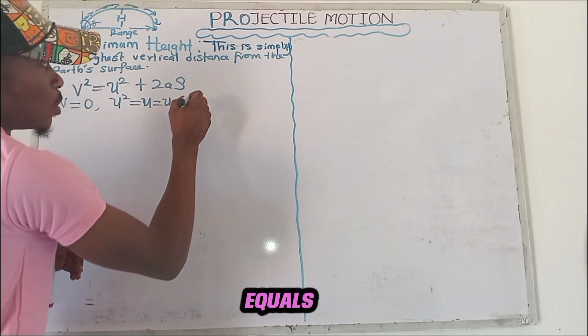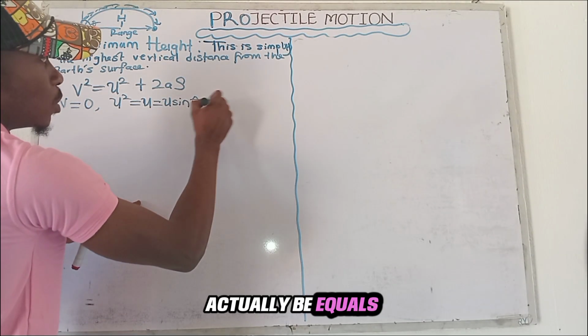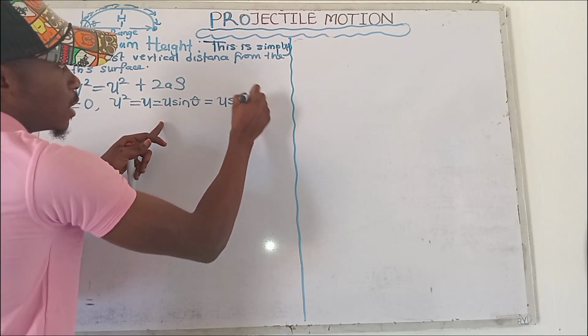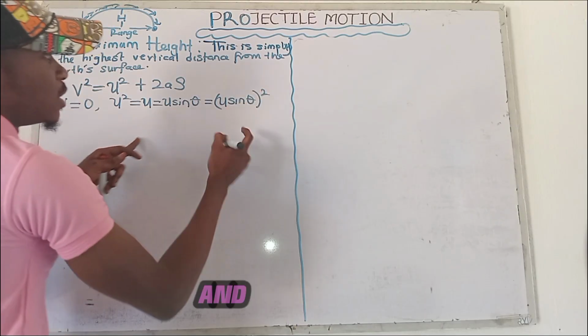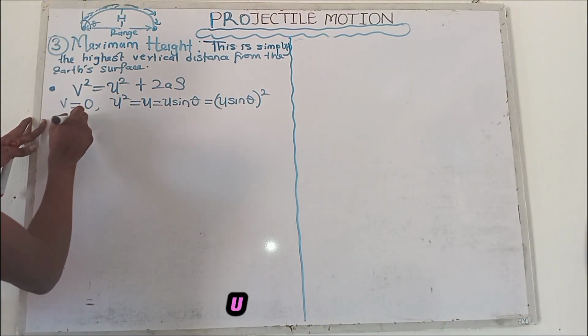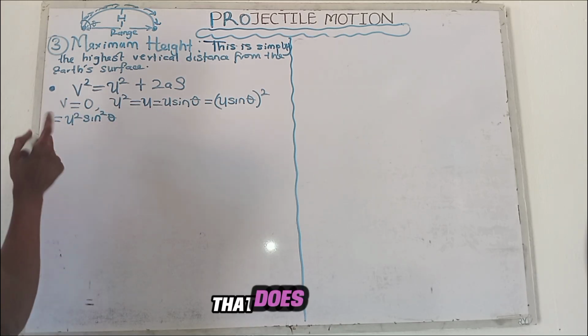So u is actually equal to u sine theta, but we have the square of u, so that will be equal to the square of u sine theta. So we have u sine theta what? Squared. And when we do the math here, it will give us u squared sine squared theta. All right, that does justice to that.